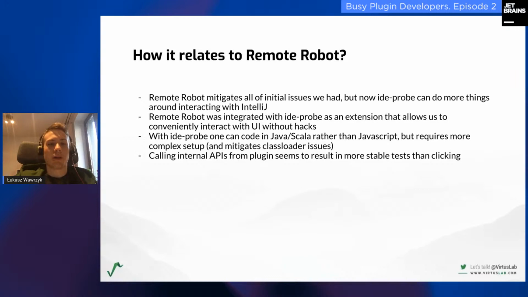In ide-probe, you code in Scala or Java, but you have to set up a plugin. So preparing your custom endpoint for ide-probe is harder than just call it through Remote Robot, but using the ide-probe approach, it's more maintainable, because you're not writing in JavaScript strings.